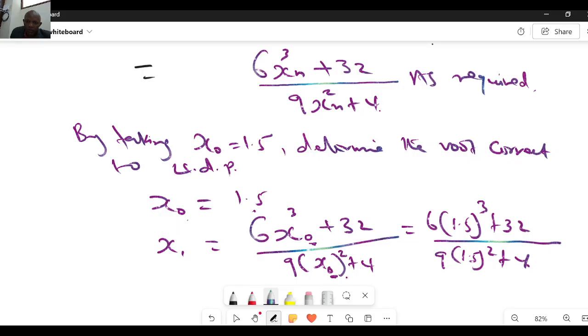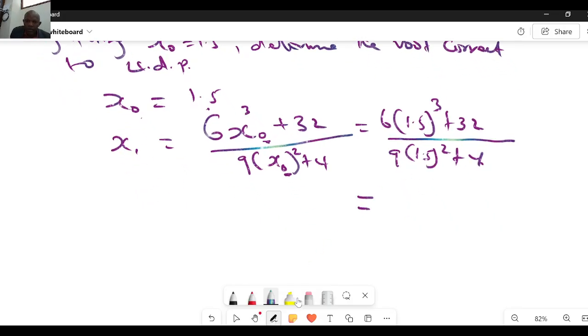So 1.5 cubed times 6 plus 32 gives 52.25, divided by 1.5 squared times 9 plus 4, which gives 24.25.